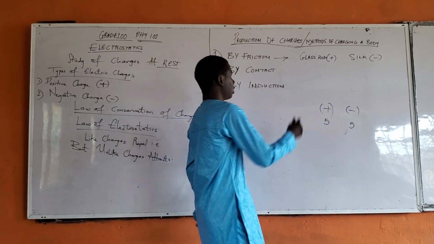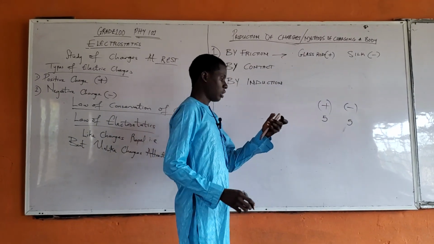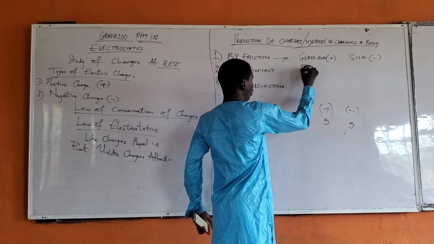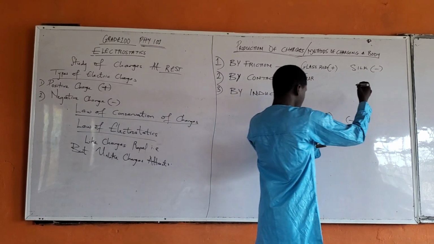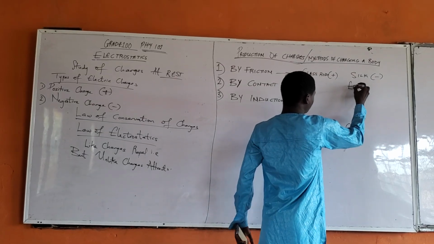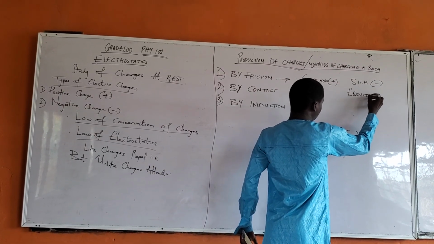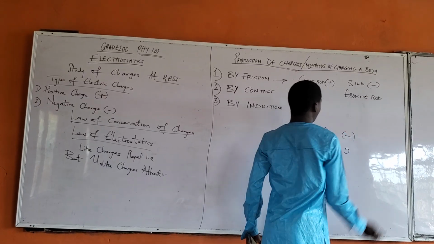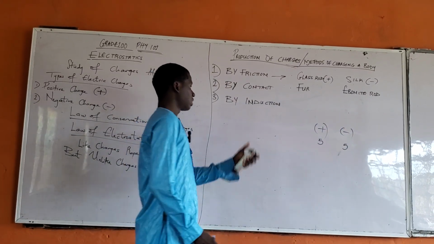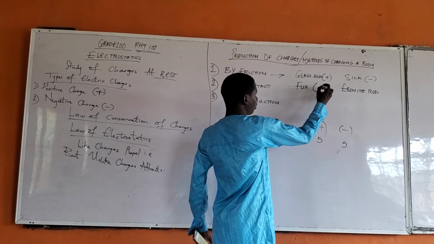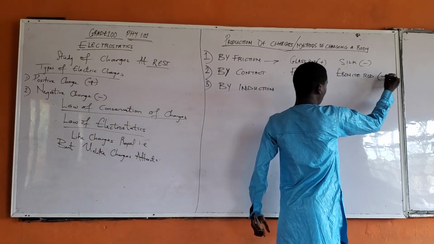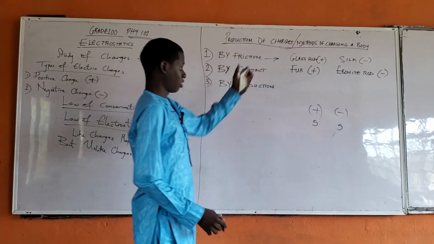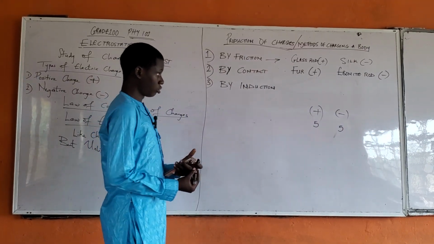That's just the concept. Let's say another example: we rub fur against an ebonite rod. What happens here is that the fur will acquire a positive charge, while the ebonite rod will acquire a negative charge. These are the common ones we should note.